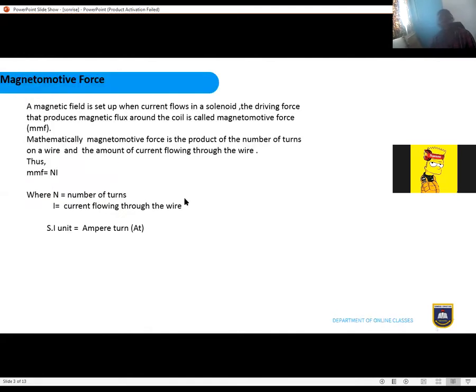Okay, so on our first slide, we have magnetomotive force. A magnetic field is set up when current flows in a solenoid. And the driving force that produces magnetic flux around the coil is called the magnetomotive force.